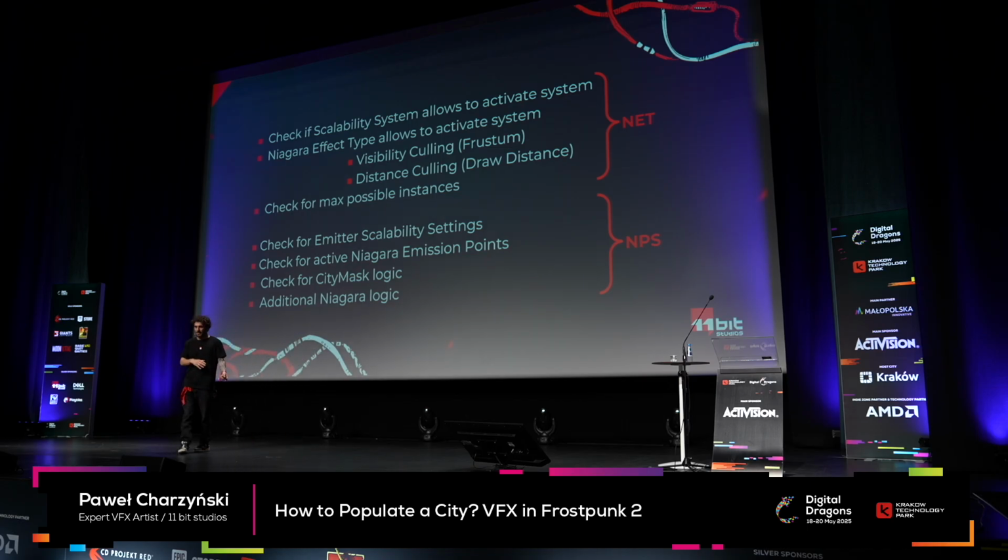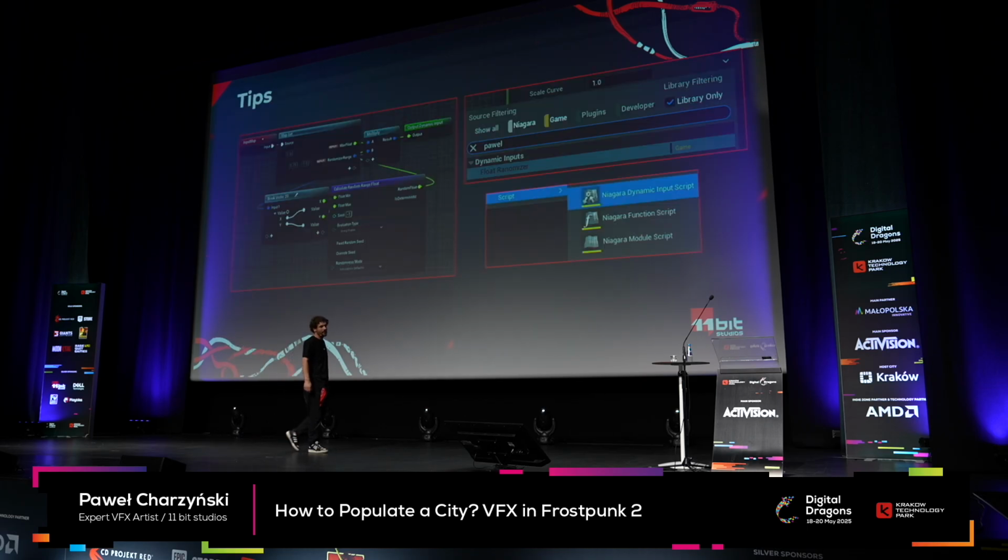There are some masks that help us with snow melting, for example, or give us information about additional things that are happening inside the city. So if there's a protest inside one district, we want to paint particles red or something like that. And after that city mask logic, there's additional Niagara logic. Every system has different logic because it represents different stuff. And that's it, basically.